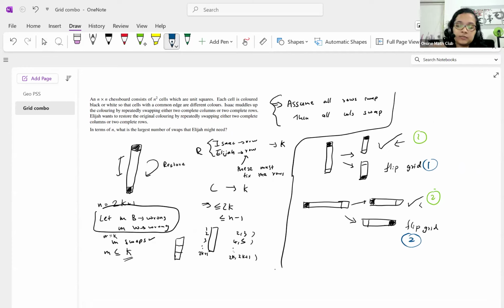So the idea of looking at the wrong paths again, that is going to come in useful. So maybe I try to use that. And by wrong paths, I mean that suppose you want the black squares to go to evens and you want the whites to go to odds. We're looking at the number of blacks which go to odds and whites which go to evens.